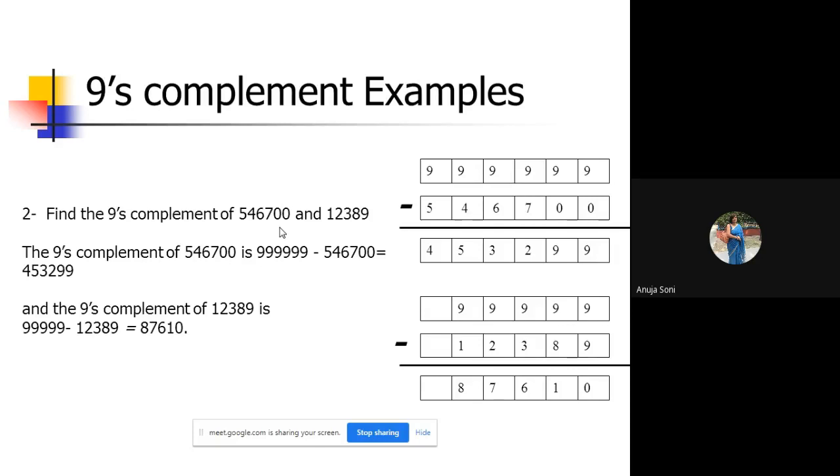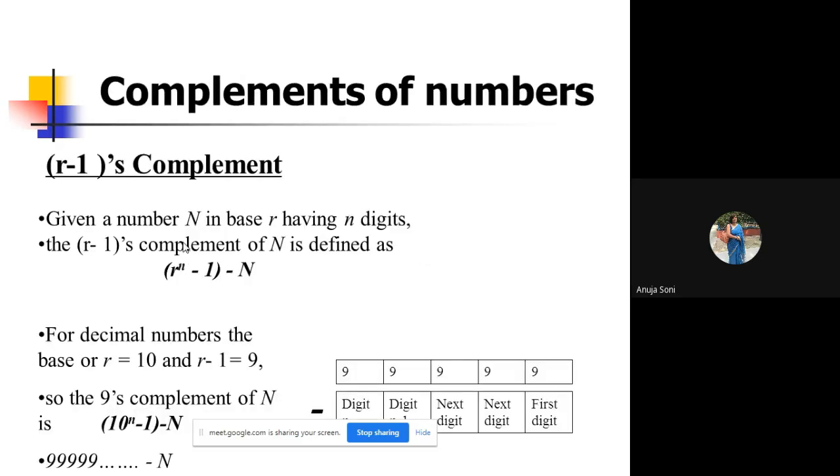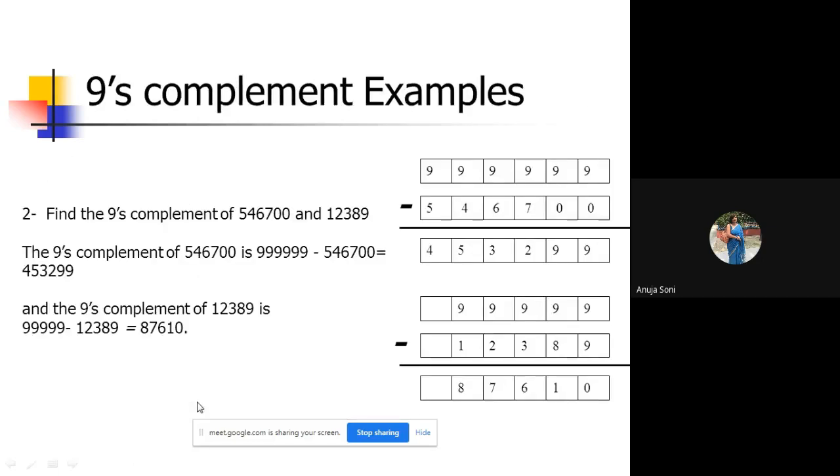You have to go by the formula: 10 raised to n minus 1 minus N. Small n represents the number of digits in the given number. The given number is 546700, so the value of small n will be 1, 2, 3, 4, 5, 6. So n will be 6.